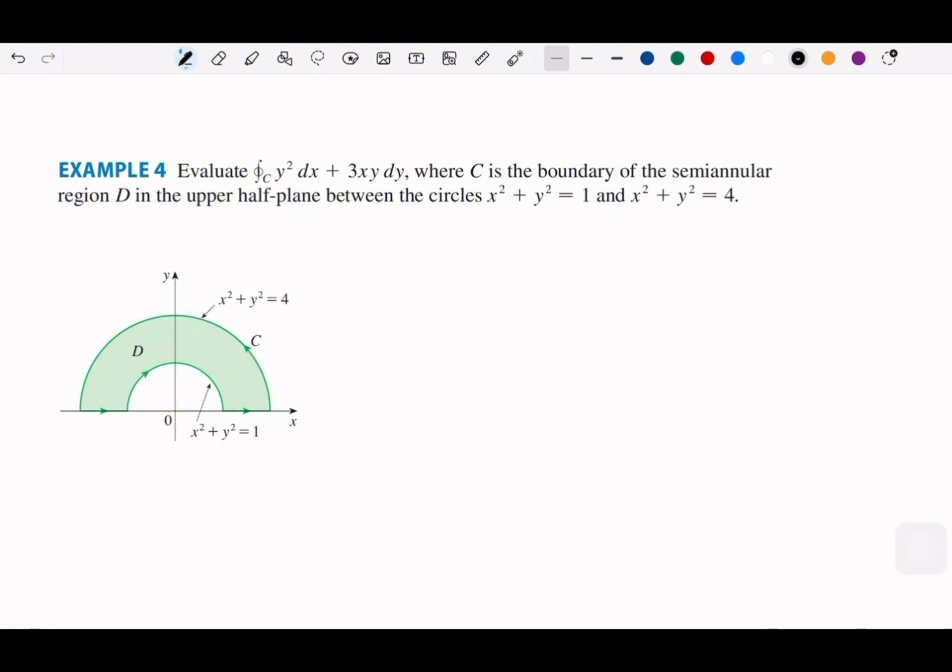Okay, if the question didn't give you any visuals, you need to draw the circle, and then we need only the half part of it.